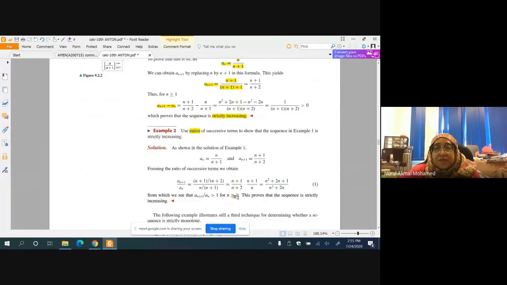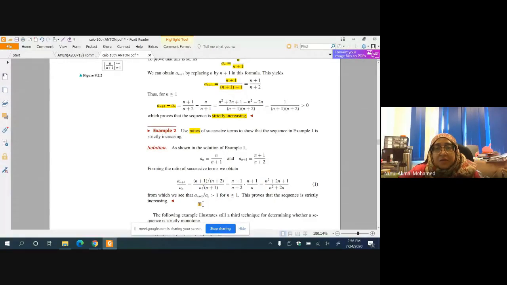Is it possible for it to be equal to 1? It is not possible, because for n equal to 1, you will have 4 divided by 3. What happens if you choose n equal to 2? It will be even larger than 1, but it won't be 1.